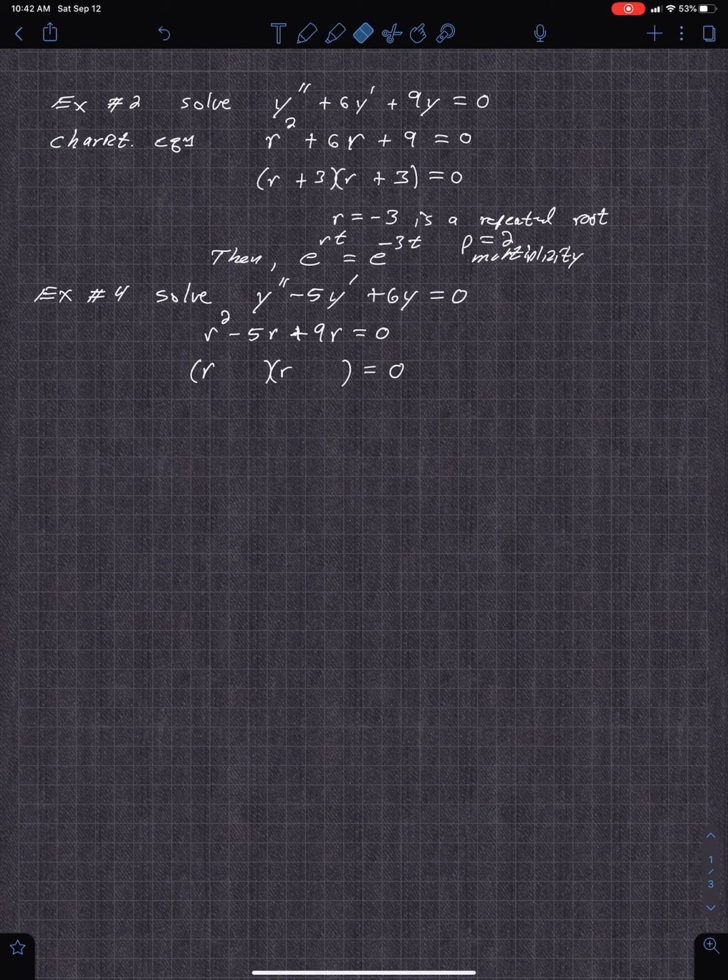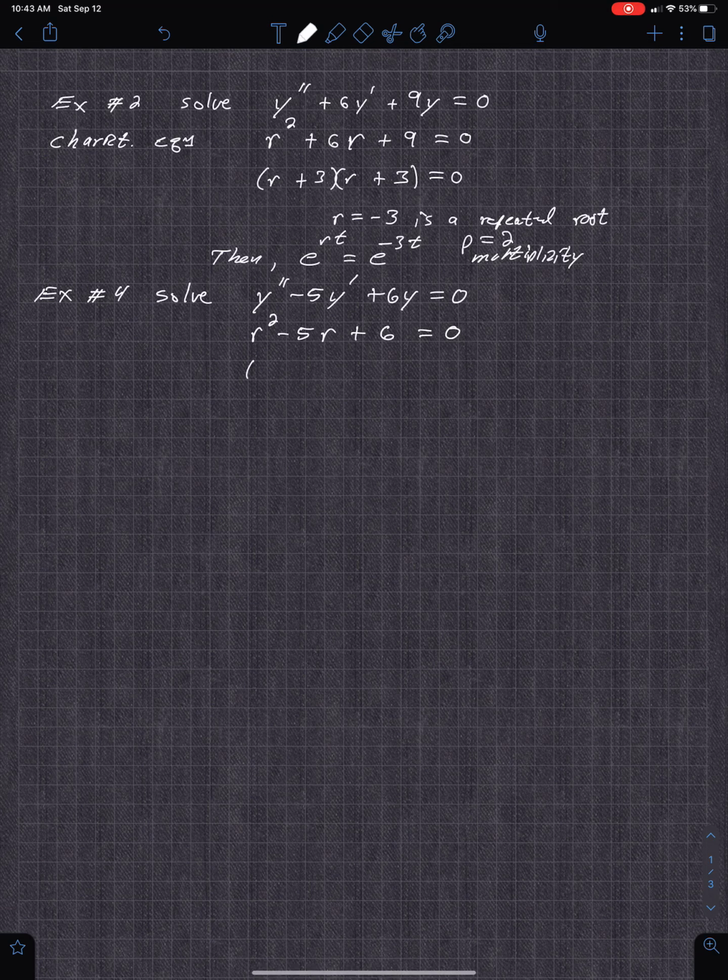Oops, I totally wrote that wrong. It should be plus 6. Try that again. Okay, so you get r squared minus 5r plus 6 equal to 0.